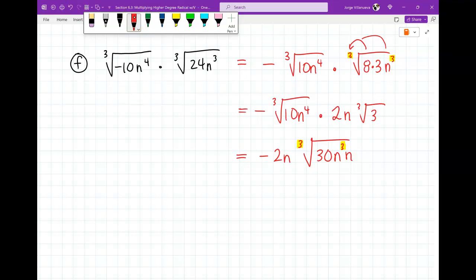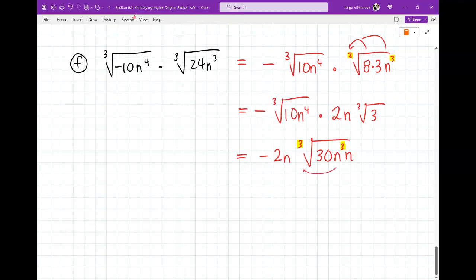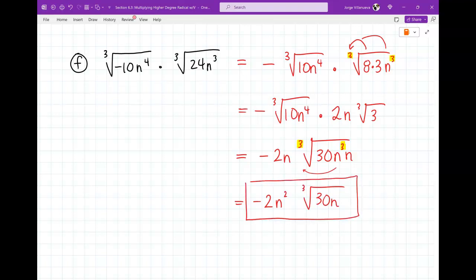Let's see. I can divide by 1, but that doesn't help. 8 does not go into 30. Next would be 27, but that doesn't fit. And you don't want to try 64. The number's too big. So 30 is stuck. That's the way it's going to be. Okay? So I'm only going to take out this n, and we get negative 2n squared cubed root of 30n. And this would be your final answer.